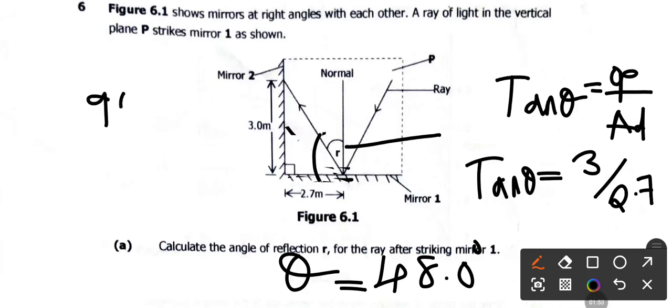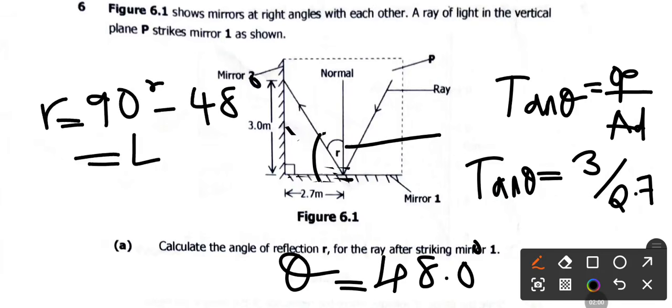So if I say R is equal to 90 degrees minus 48 degrees, I'm getting a value of 42 degrees, meaning that this R here is 42 degrees.